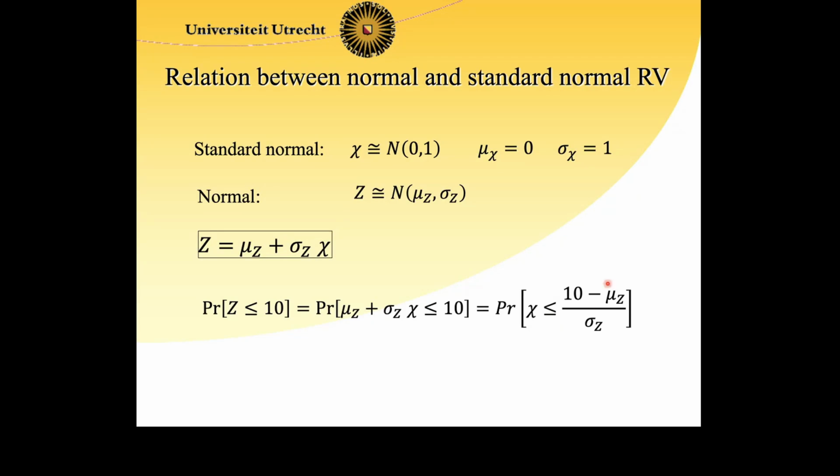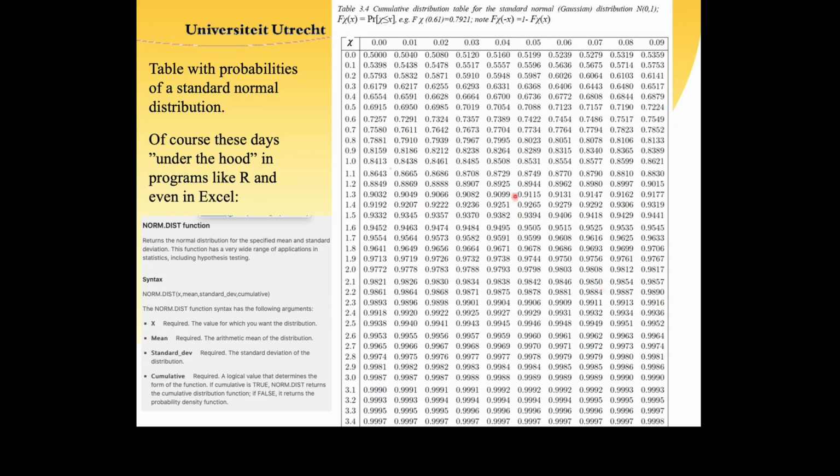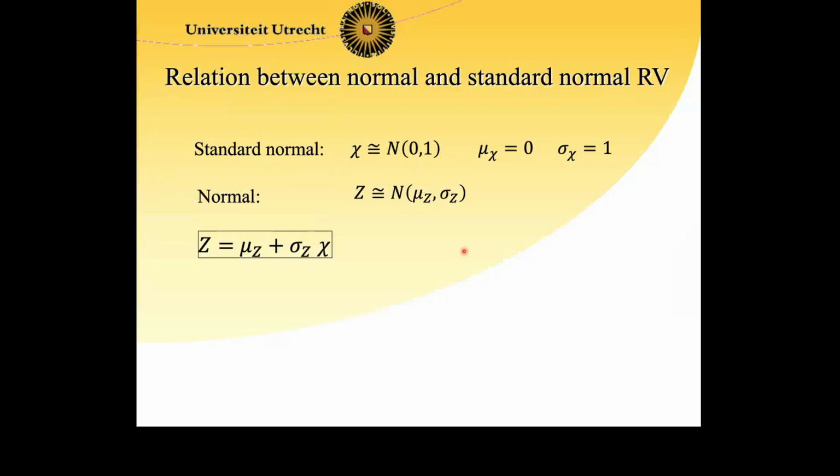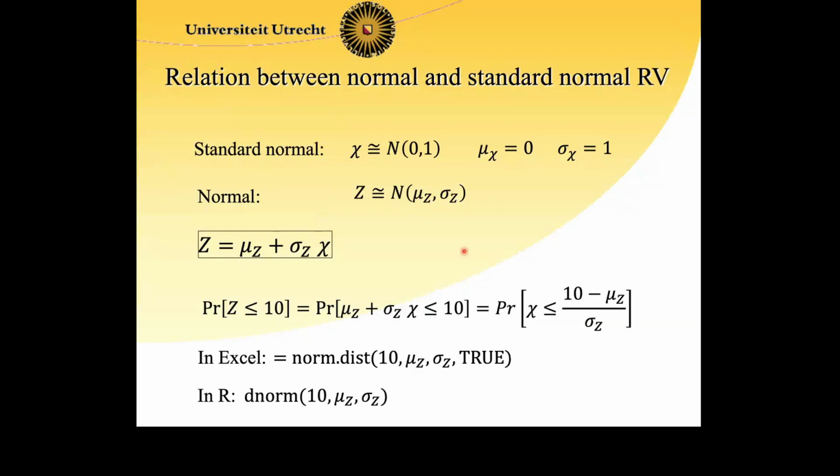If we know the mean and we know sigma, we can calculate this number, and we can look in this table what the value should be. Of course, in Excel, it's one command. You type in is equal to norm.dist, fill in 10, the mean and standard deviation that you know is true for this particular value z, and true so that you use a cumulative probability distribution function, and you get this probability back. In R, you use this function here.